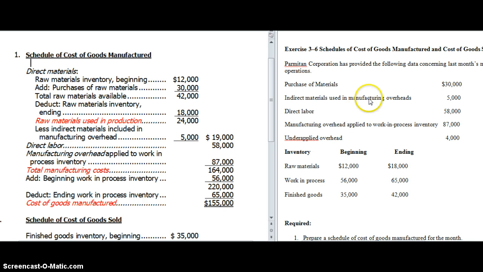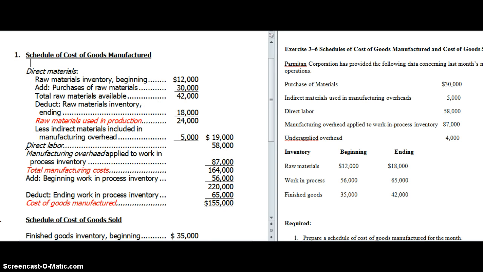Because it has been included in manufacturing overheads, it is important for you to deduct the indirect materials of 5,000 from the raw materials that you have used in production, the figure of 24,000. So less indirect materials included in manufacturing overhead. If you don't deduct this, then you will be counting it twice because it is already there in the manufacturing overhead. So therefore deduct the indirect materials of 5,000 and now your actual raw material is $19,000.